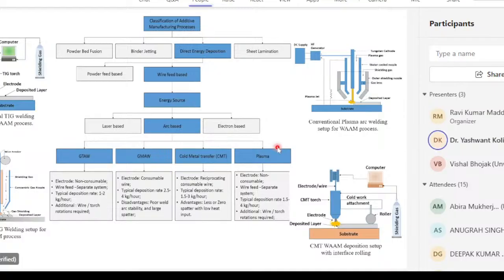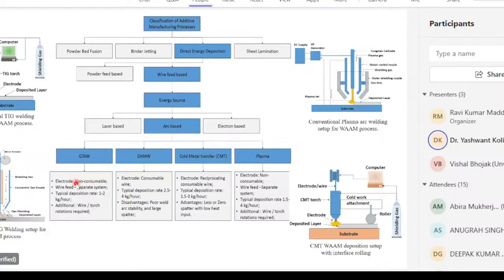Everyone will know about these power sources: gas tungsten arc welding, gas metal arc welding, cold metal transfer, and plasma. GTAW has a typical deposition rate of 1 to 2 kg per hour. That is very less, because in GTAW we have to feed the consumable, as tungsten is a non-consumable electrode.